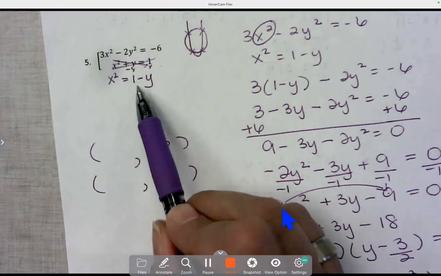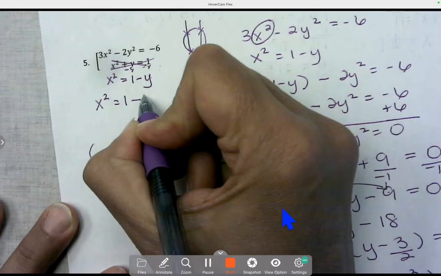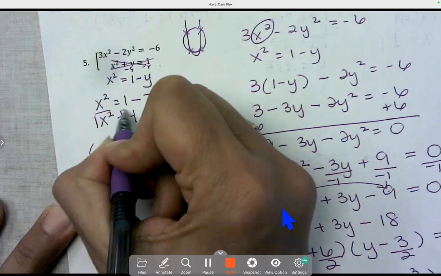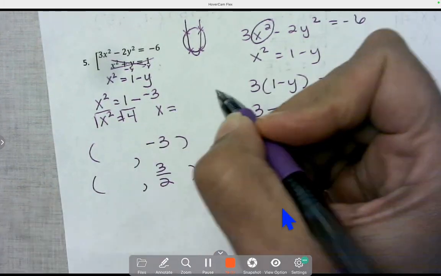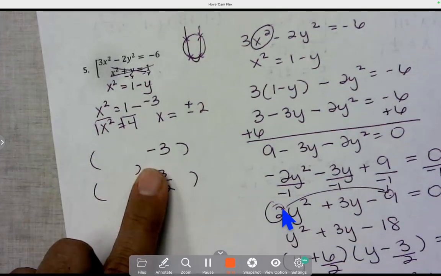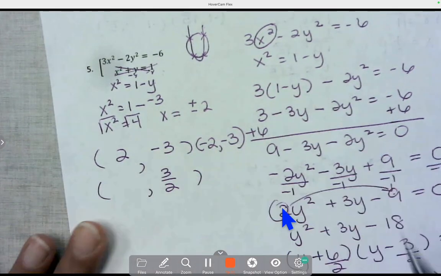It'd be easier for this one because x squared equals 1 minus y, and y is negative 3. Well, that's x squared equals 4. And when I square root both sides, I get two outcomes, x equals plus or minus 2. So when y is negative 3, I get a 2 and I get a negative 2.